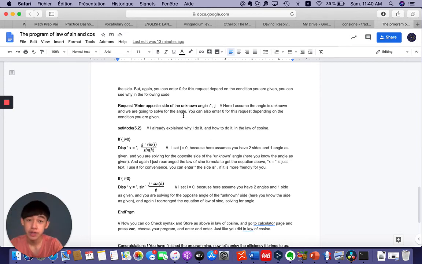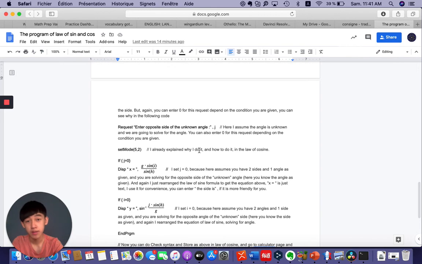But in this case, the unknown angle is known, as you can see in the question according to your situation, because it would be hard to change the wording, and it would be more confusing to put unknown or known angle here rather than just say the opposite side of the unknown angle is known.